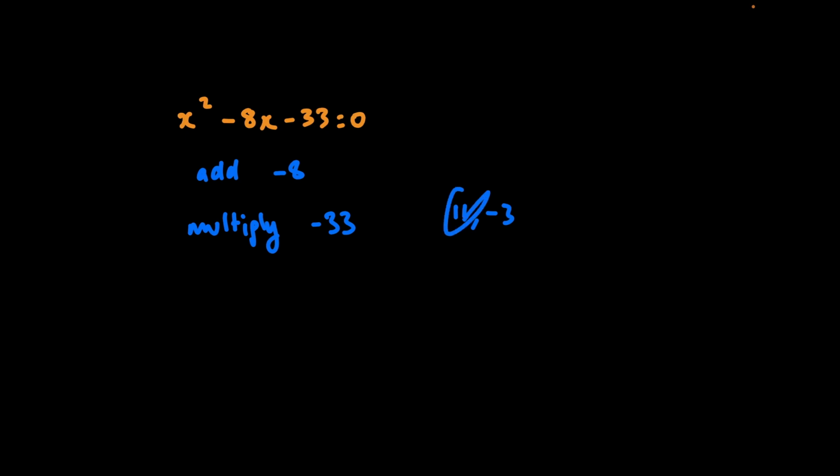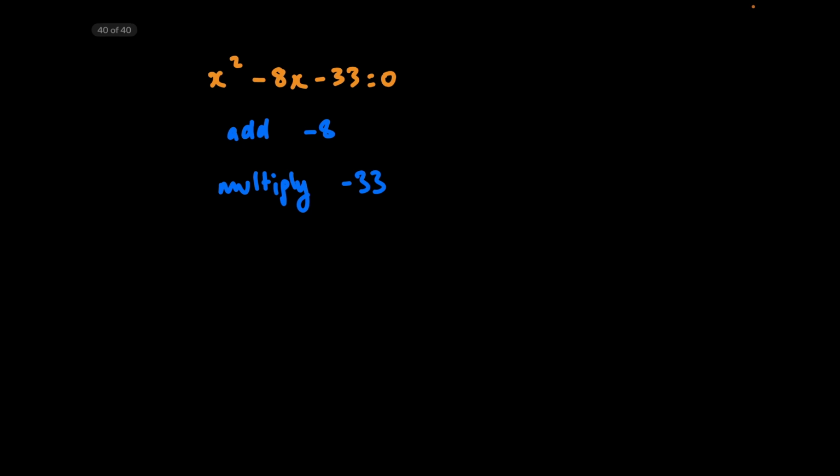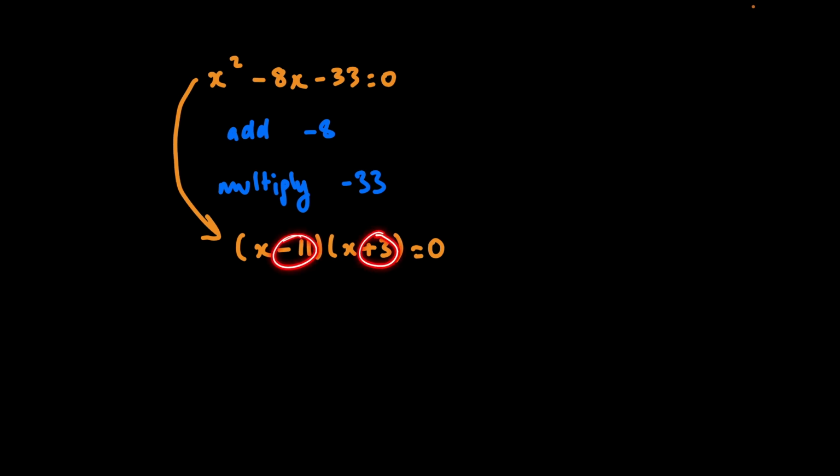Again, you can list out all the factors and work it out by hand if you're struggling with this. So now that we have our two numbers, let's factorize this quadratic as x minus 11, x plus 3. And the reason we know it's this is because minus 11 and 3 were our two numbers, the ones that multiplied to minus 33 but also added to minus 8.